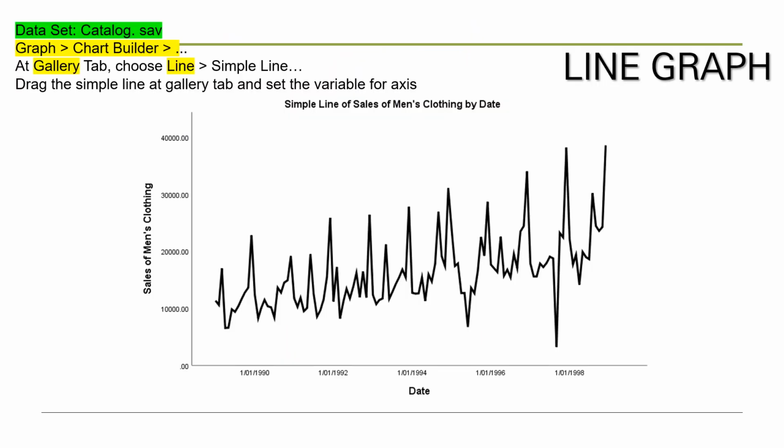Next, shown here is line graph. Line graphs are used to track changes over short and long periods of time. Therefore, if your quantitative data has a structure of time series, line graph is a suitable visual presentation.